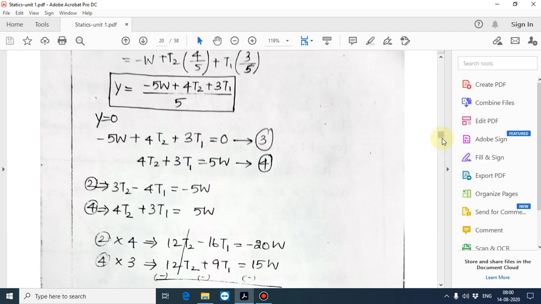So minus W plus T2 times 4 by 5 plus T1 times 3 by 5. What equation will you get? Since y is equal to 0, you get this equation. You have to solve it and find the values of T1 and T2, and you will get the answer. That's all, girls. You see once and you will understand by yourself. It's easy. If you have any doubt, ask in our comment box.